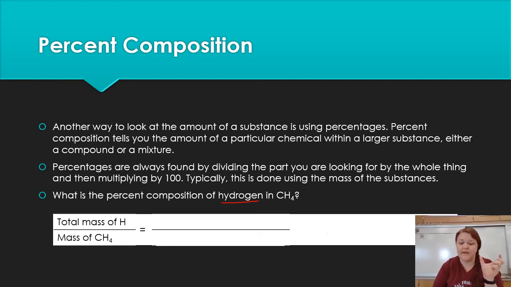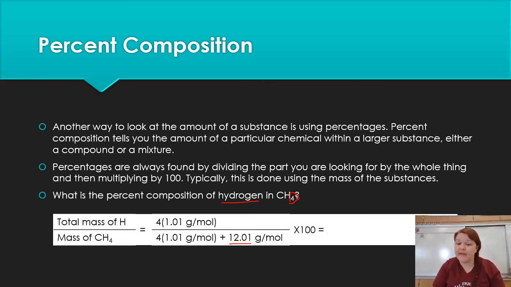So our total mass of hydrogen would be 4 hydrogens from our chemical formula times their molar mass, 1.01. And then we want the mass of the whole thing, which is CH4. So we've still got those 4 hydrogens, plus we've got a carbon atom. So there's our mass of carbon. Our total in the denominator is about 16.05, and our numerator is about 4.04.